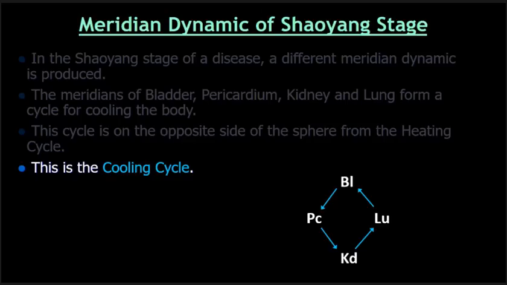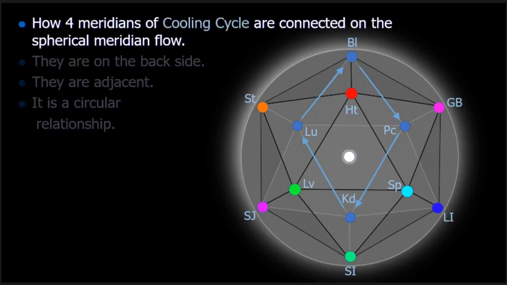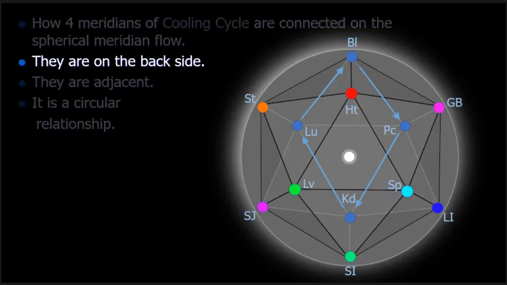In the Yangming video, in the Yangming stage of a cold-induced disorder, we looked at the heating cycle. Now in this video for the Shaoyang stage, we're going to be looking at the cooling cycle primarily. So how are the four meridians of the cooling cycle connected on the spherical meridian flow? They're on the back side.